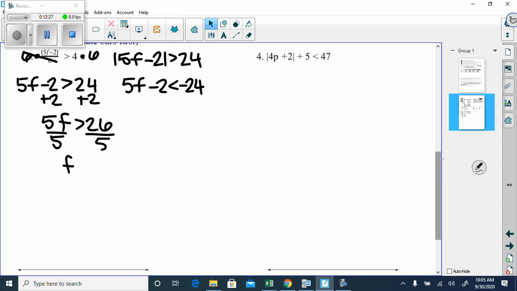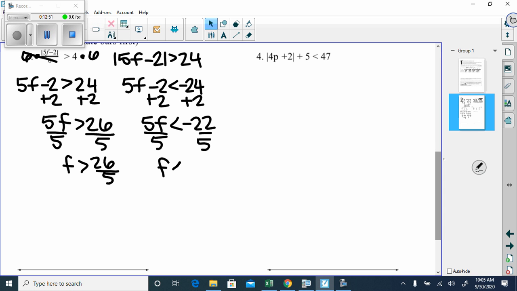So I have f is greater than 26 over 5. Alright, same idea here. Gotta move the 2, so I add it. This time I'm adding it to a negative, and then I would divide again. So I have f is less than negative 22 over 5.